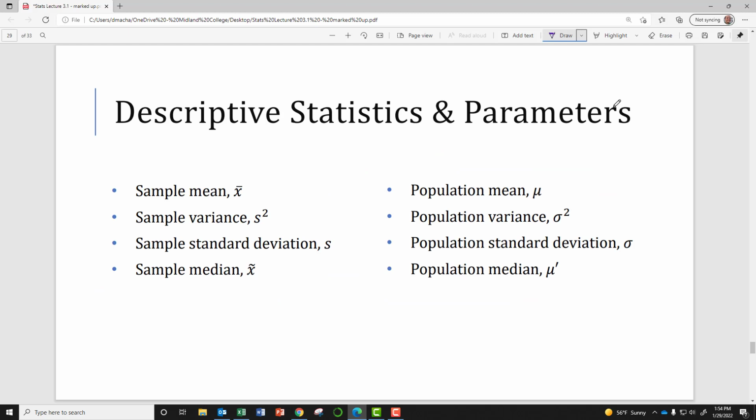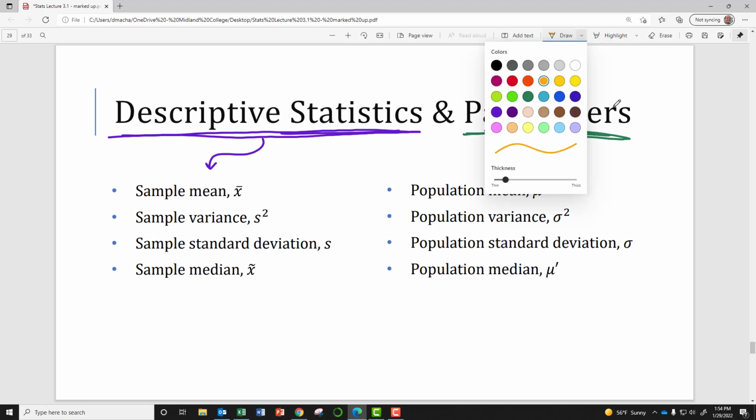So here are some examples of descriptive statistics and the parameters that they are estimating. So the sample mean is an estimate of the population mean.